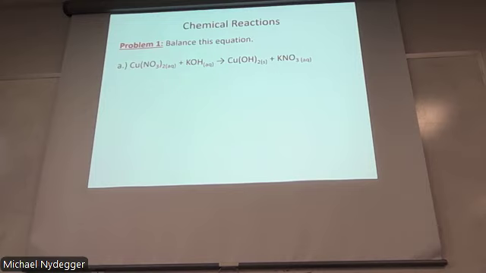Here, I have 2 potassiums, and then I'll put the 2 in front of there, but I've only got 1. So I have to put a 2 out in front of there. I can't put a 2 here because this is a +1 and a -1. So they're happy neutral. So now I've got the 2 hydroxides, and I happen to have 2 hydroxides. So once you get everything electrically neutral, once I get everything to 0, 0, then I start working with the coefficient.